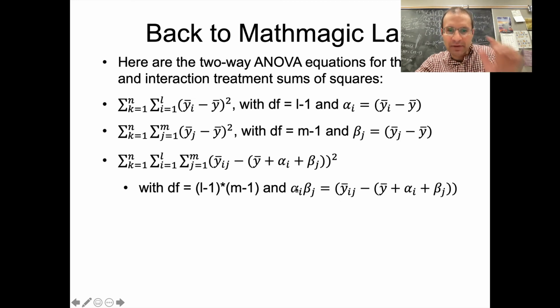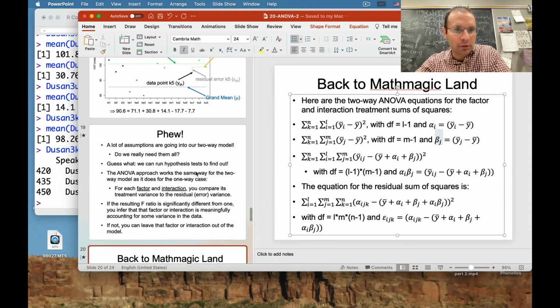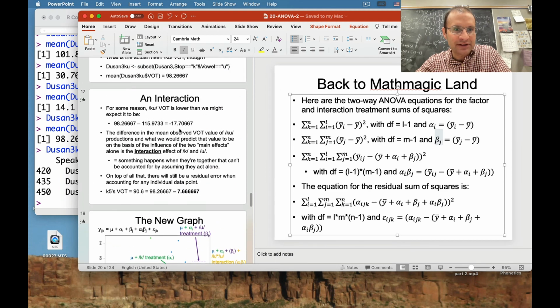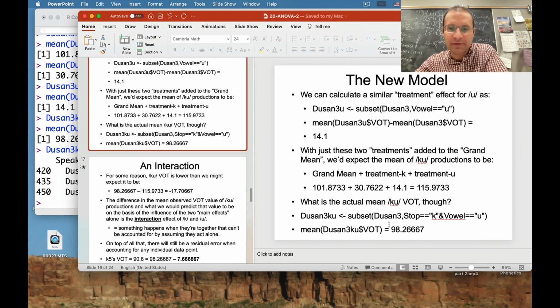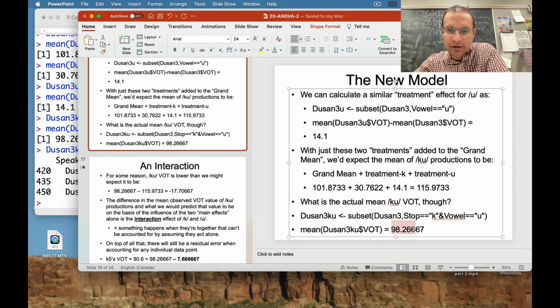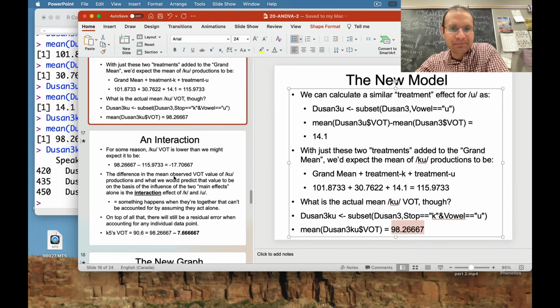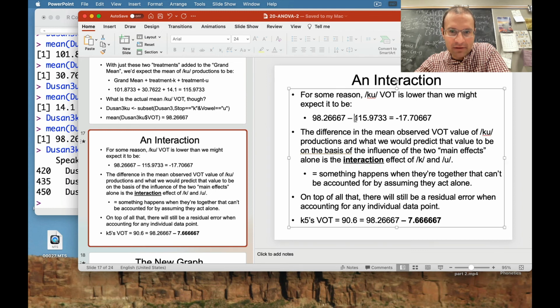But just to focus on this part here, the effect of the interaction itself, alpha sub i, beta sub j, is that mean value for the interaction itself. In this particular case, we found, let's say, the mean value for Q is 98.26667, and you're subtracting from that basically everything you'd get by adding the first three terms together.